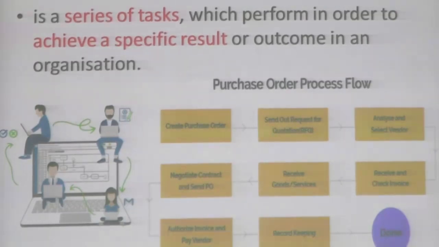So this is the process. Please understand that in any organization there are so many processes. Those are the workflows, say the purchase order processing system, or let's say recruitment processing.